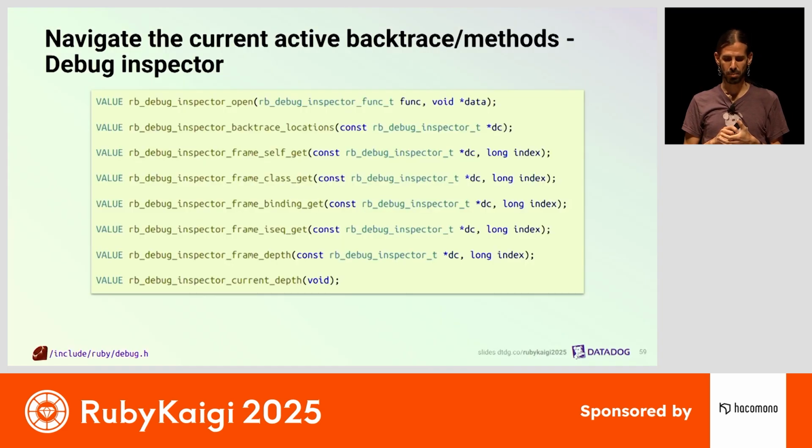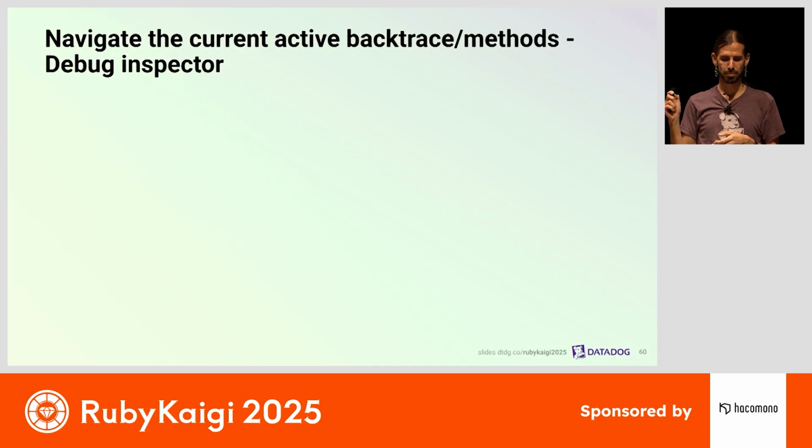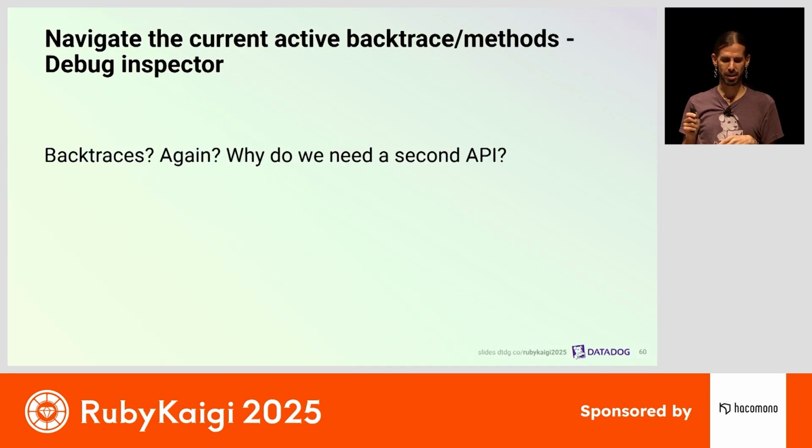The debug inspector APIs give you a nice way to navigate the current active backtrace and methods. If you're paying attention, you might be thinking, wait, backtraces again? Wasn't the previous one all about backtraces? Why do we need a second API to do backtraces?